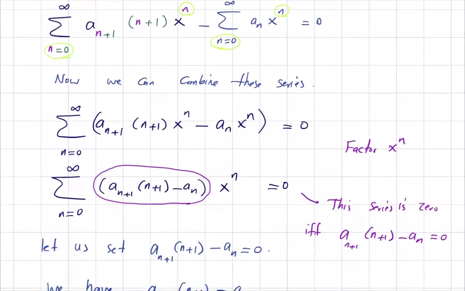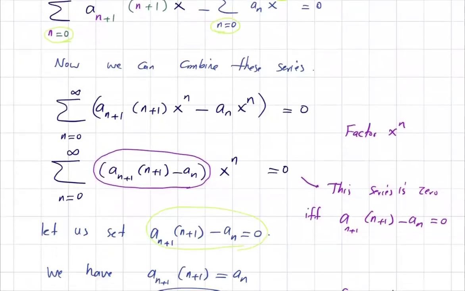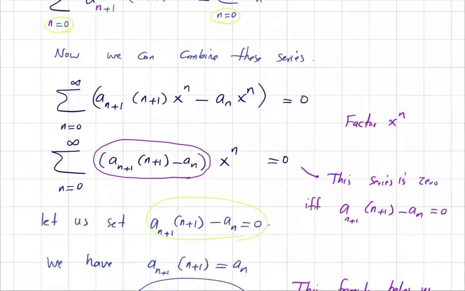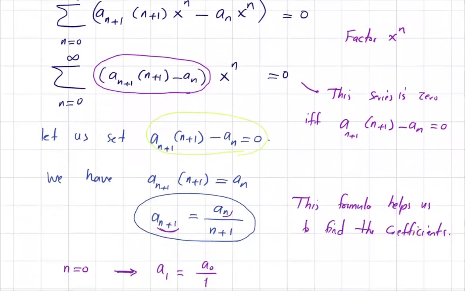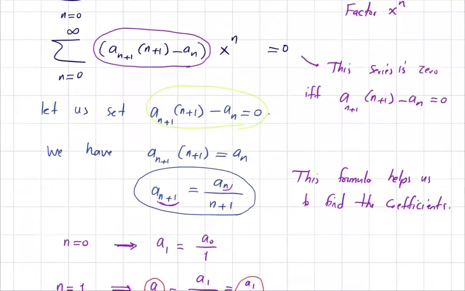When you combine these together, this is the recursion that you get: a sub n plus 1 times n plus 1 minus a sub n is equal to 0. So a sub n plus 1 is equal to a sub n divided by n plus 1. You can also see it this way as well: a sub n is equal to a sub n minus 1 divided by n. If it makes it easier for you to recognize the pattern this way, these are equivalent to each other.